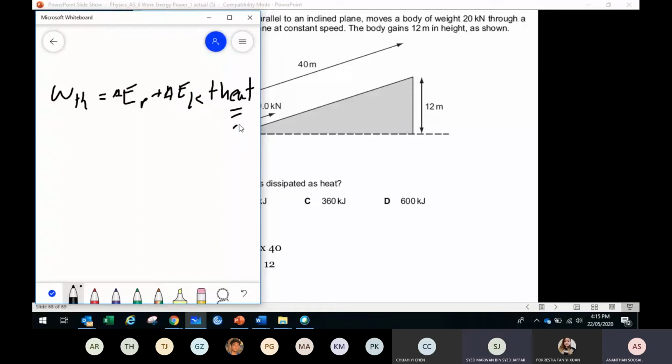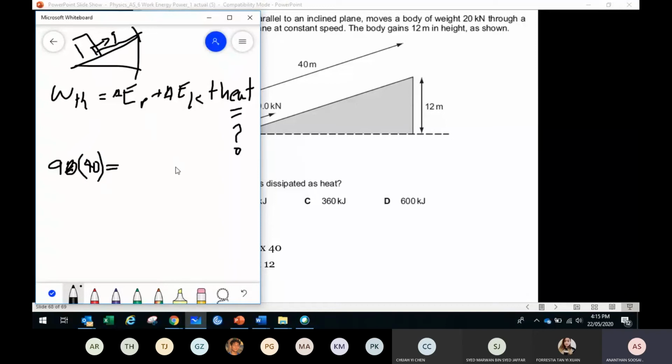So work done by the thrust is 9 times, because the thrust up is 9. I put 9 because I use kilonewton, since the final answer is in kilojoules. I don't want to convert. The distance travelled along the surface here is 40, so it's going to be 40. Work done by the thrust.